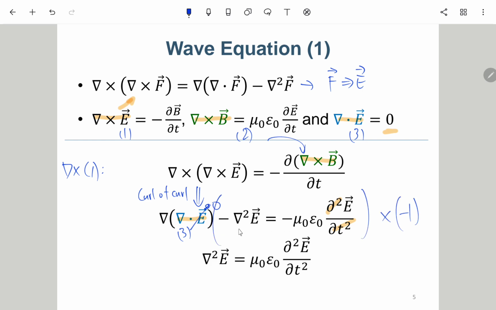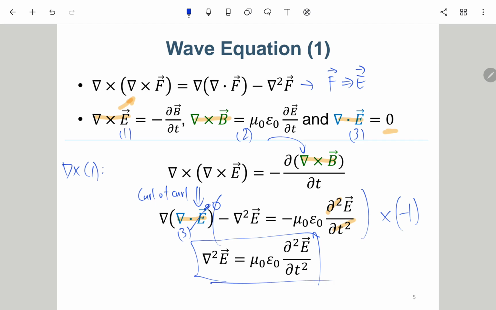On the left side we have the Laplacian of E, and on the right side mu naught epsilon naught times the second partial derivative of the E field. This is the first wave equation we can get.